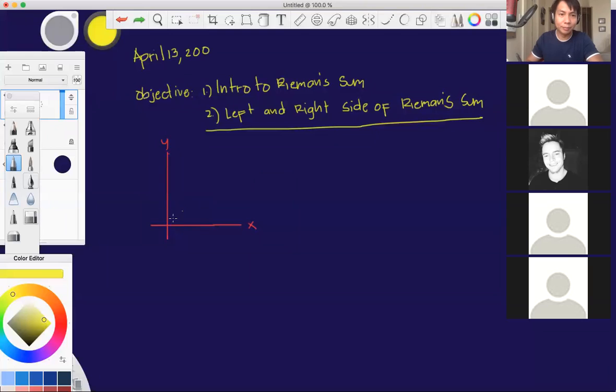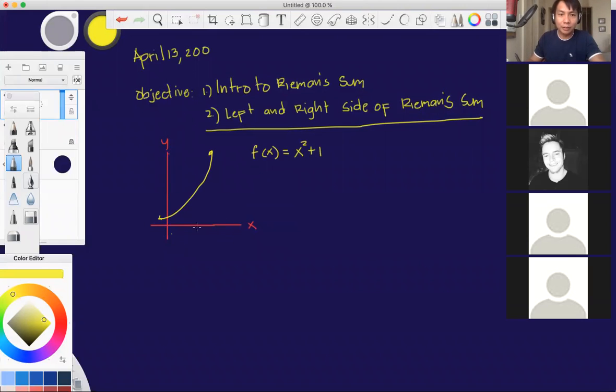Let's try to have a curve. This curve is being defined by the function f of x is equal to x squared plus 1.